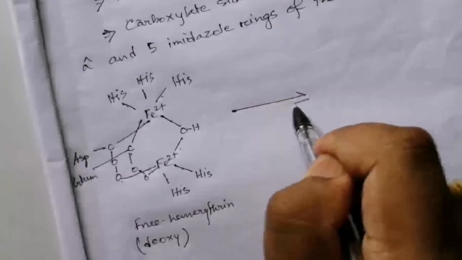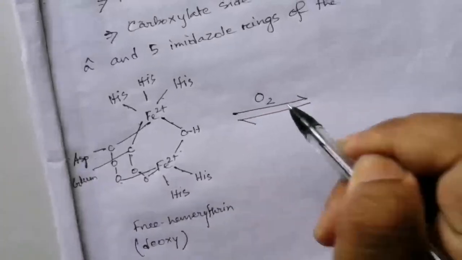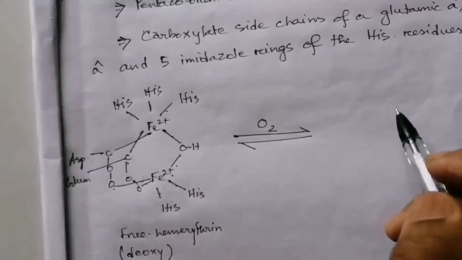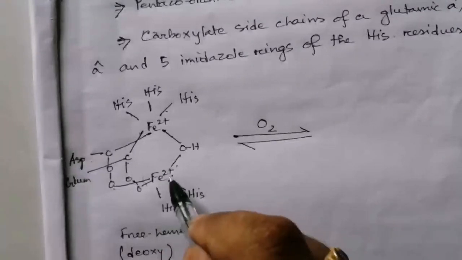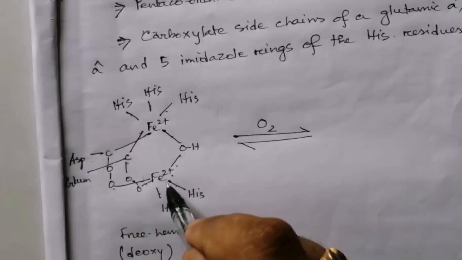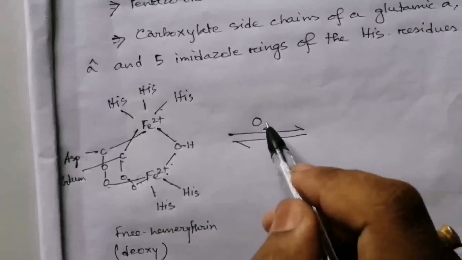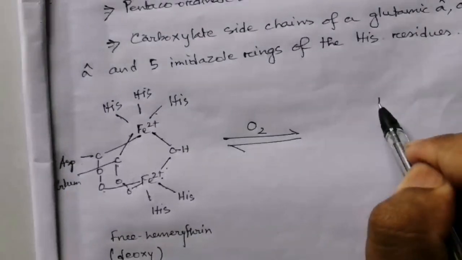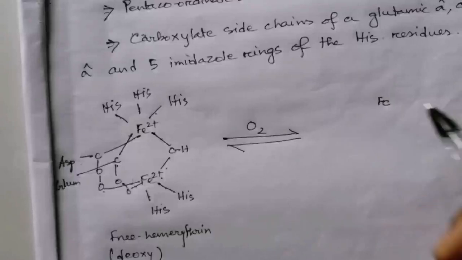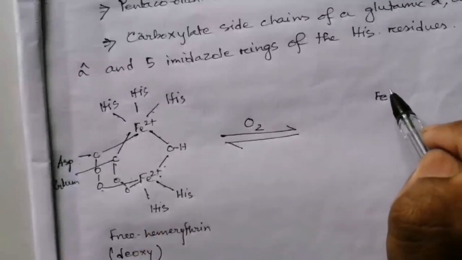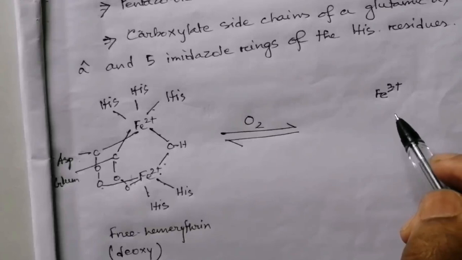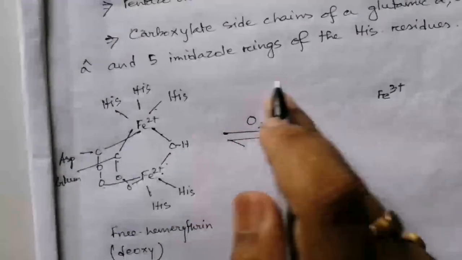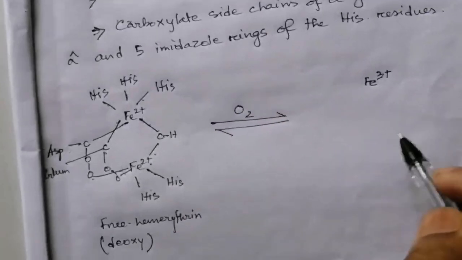So when oxygen binds to this hemerythrin, this pentacoordinated iron center binds this oxygen molecule and it transforms to a hexacoordinated center, and both the iron centers oxidize to ferric ions due to the oxidation caused by this oxygen molecule.